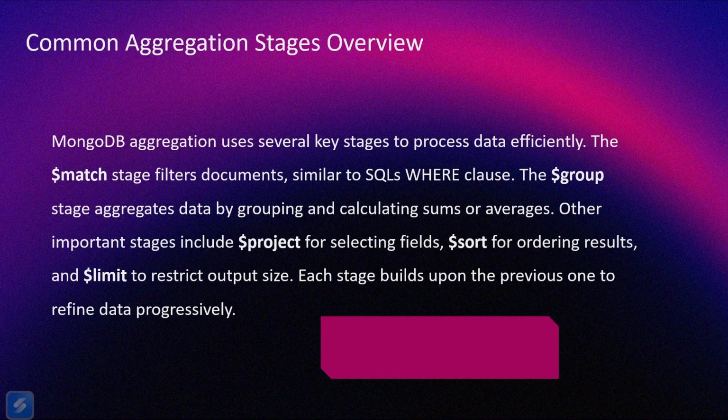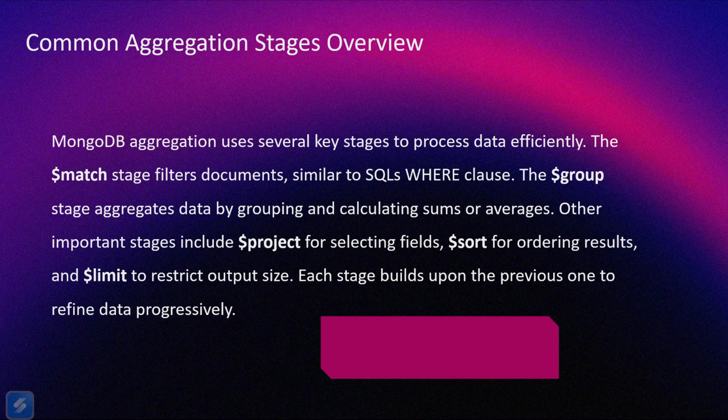Let's see some of the most common stages in the aggregation. MongoDB aggregation uses several stages to process data efficiently. The match stage filters the documents and is similar to the SQL WHERE clause.